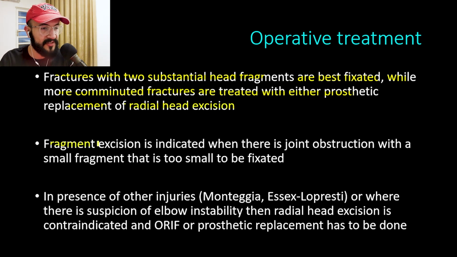Fragment excision is indicated when there is joint obstruction with a fragment that is too small to be fixated. So if the fragment is too small to be fixated, then it is excised. In the presence of other injuries like the Monteggia and the Essex-Lopresti, or where there is suspicion of elbow instability, radial head excision is contraindicated, and open reduction internal fixation or prosthetic replacement has to be done.